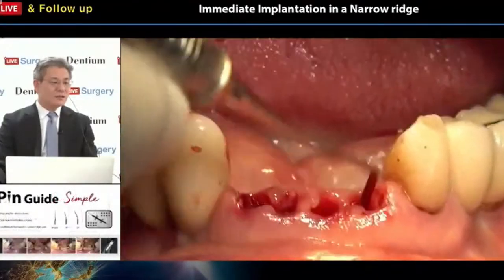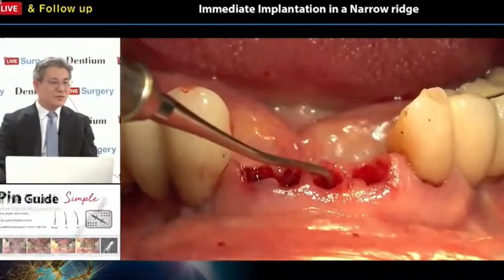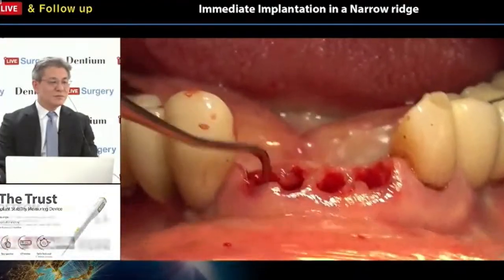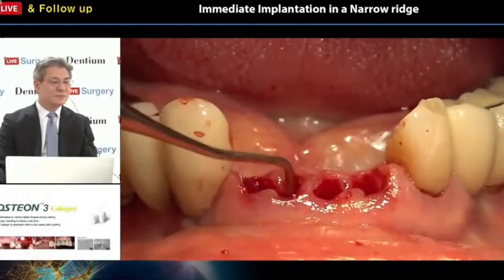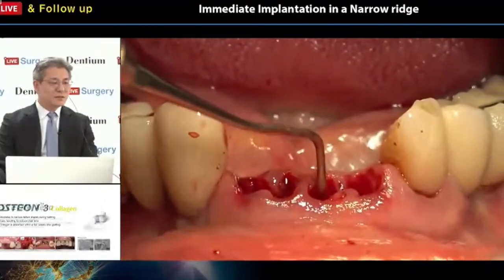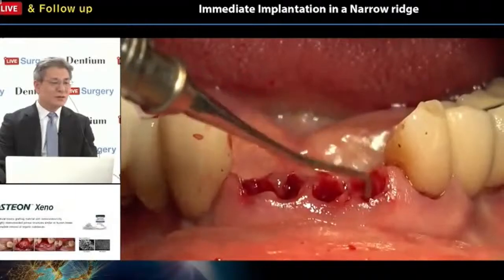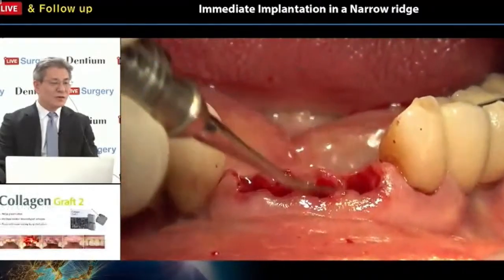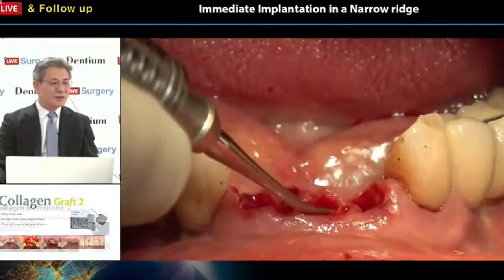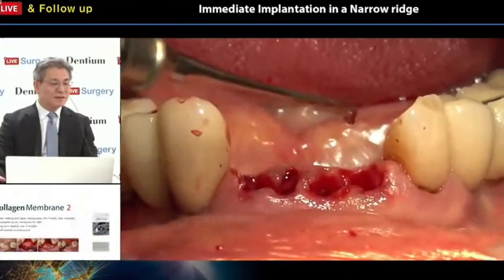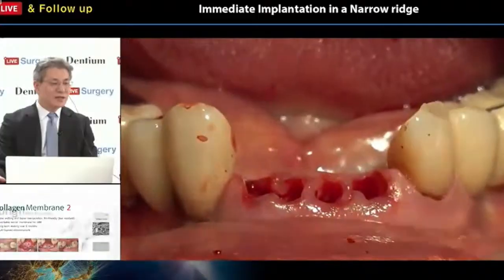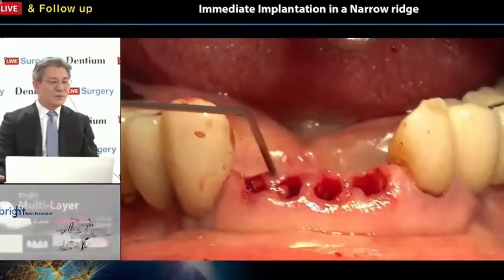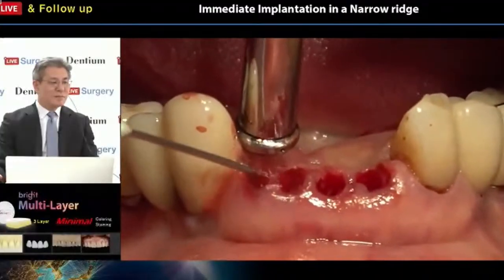Okay. So he is removing the granulation tissues in the socket and checking whether the labial and lingual bone walls are intact. It is an important step to confirm the treatment plan.